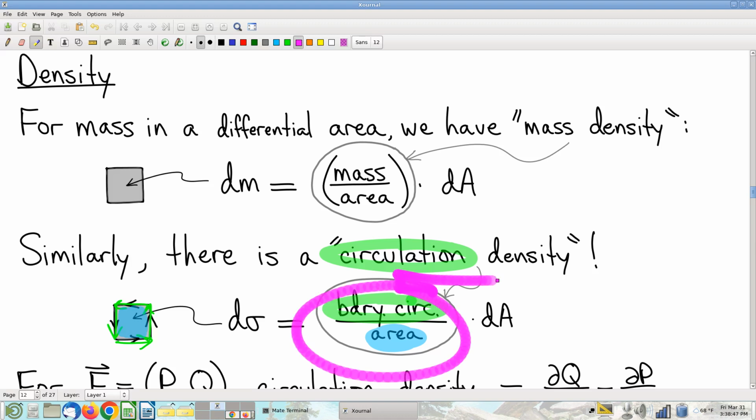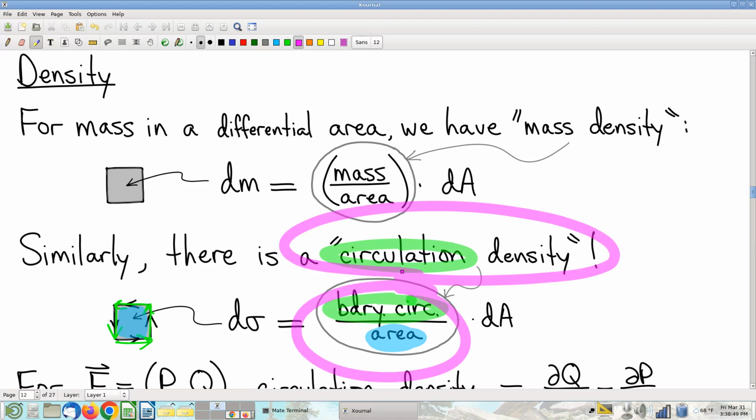This is what we mean by circulation density. And it's a trippy idea to try to absorb in your mind because we're accustomed to thinking of densities as being stuff per unit size: mass, population, whatever stuff you're interested in keeping track of. Just remember, boundary circulation now is kind of a stuff.